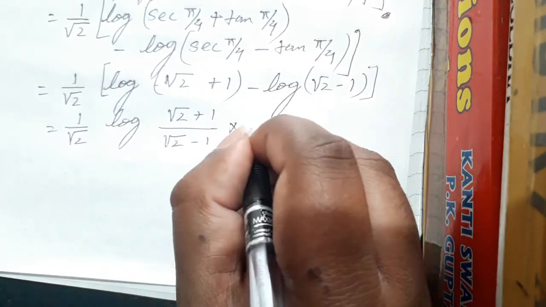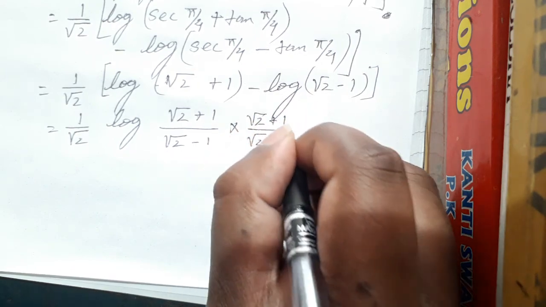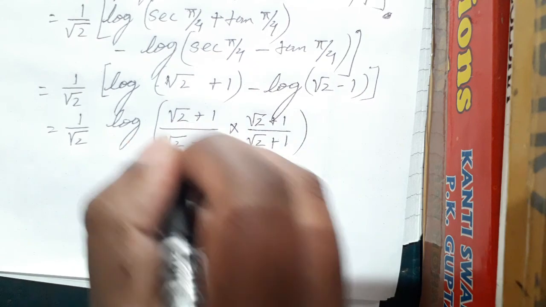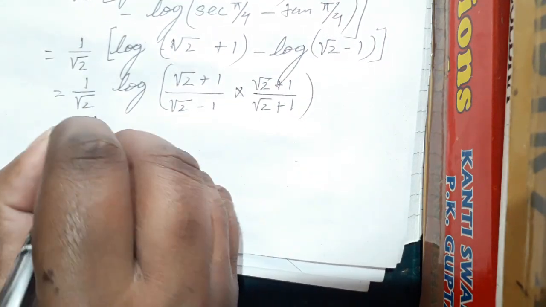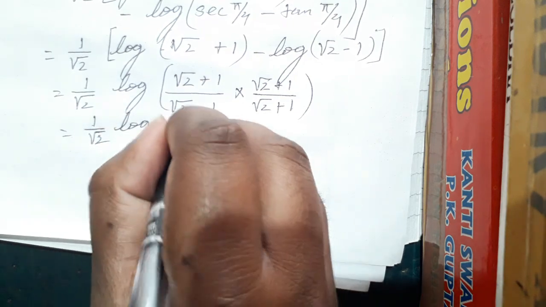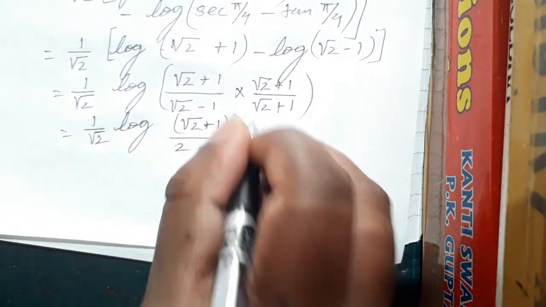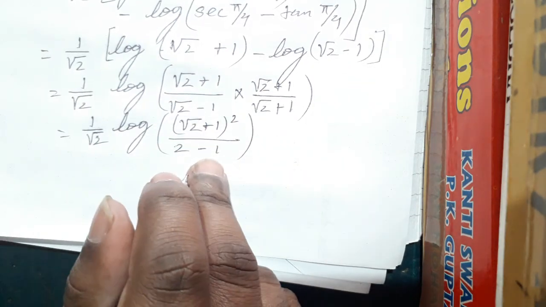So we get root 2 plus 1 divided by root 2 minus 1, which is 1 by root 2 log of root 2 plus 1 whole thing square divided by 2 minus 1. 2 minus 1 we get 1.